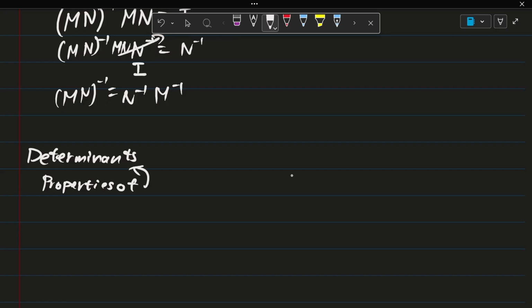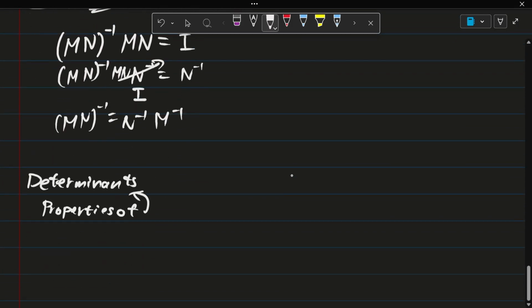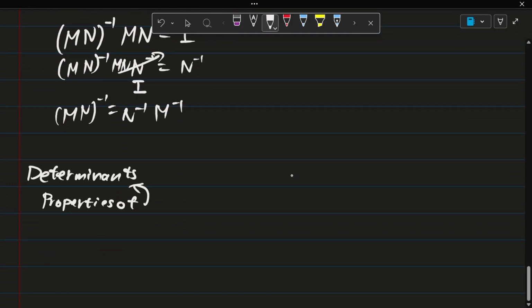So if we only observe from the first part here, there are multiple properties that we could gain. The first is that the determinant of mn must be equal to the determinant of m times the determinant of n. This is something that I won't prove, but you could actually observe this if you do the 2 by 2 matrix computation.